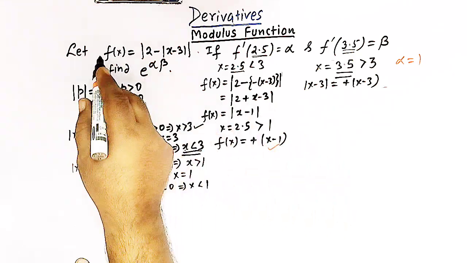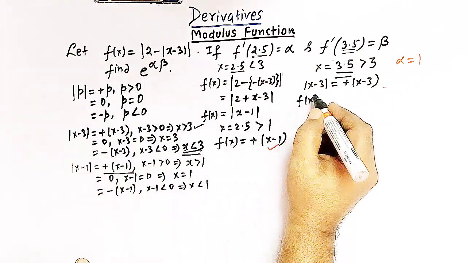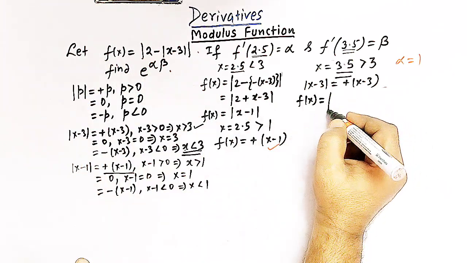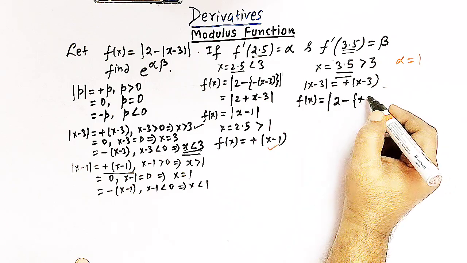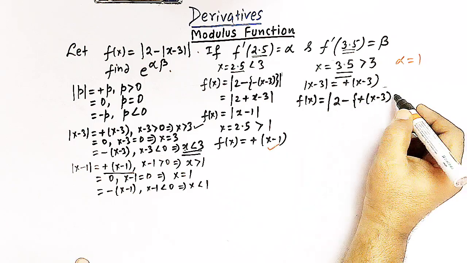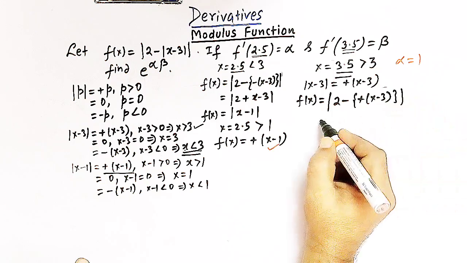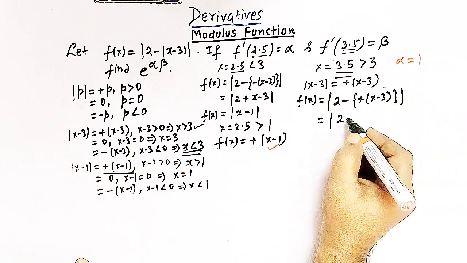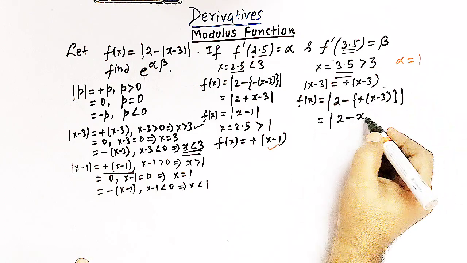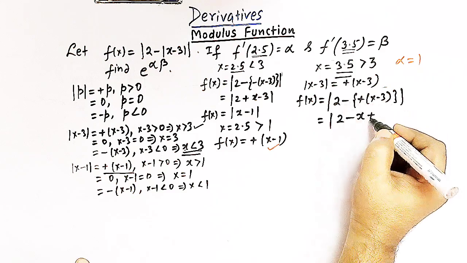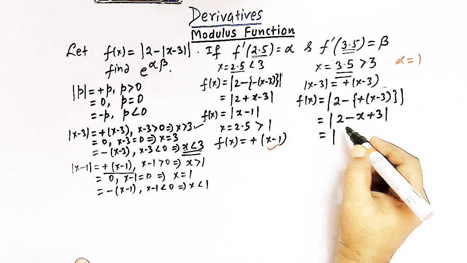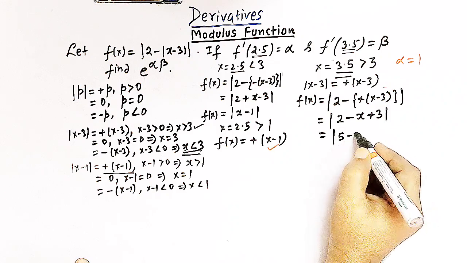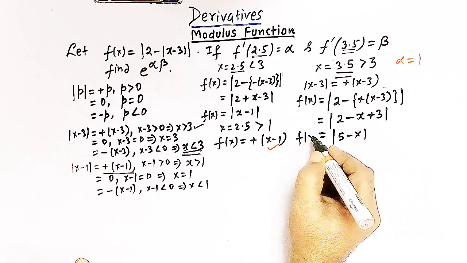So now this function f of x can be written as mod of 2 minus positive x minus 3, right? So this is mod of 2 minus x plus 3, so 3 plus 2 is 5, so mod of 5 minus x, right?